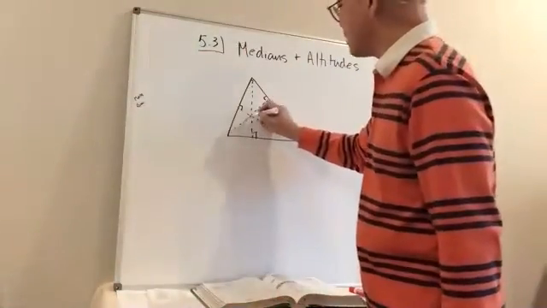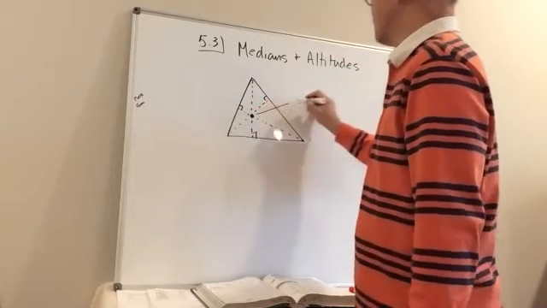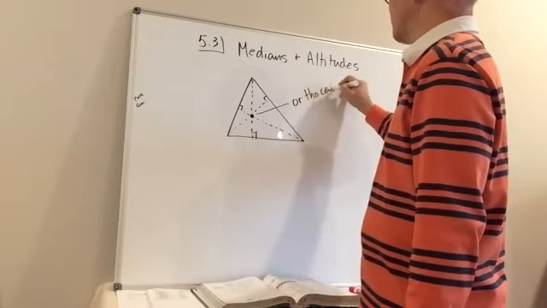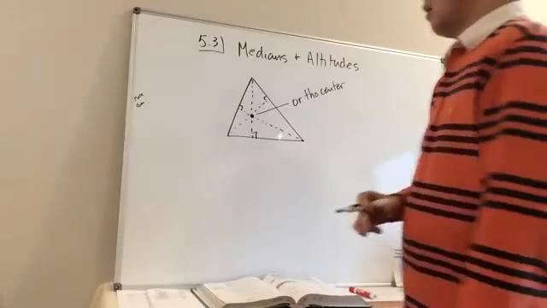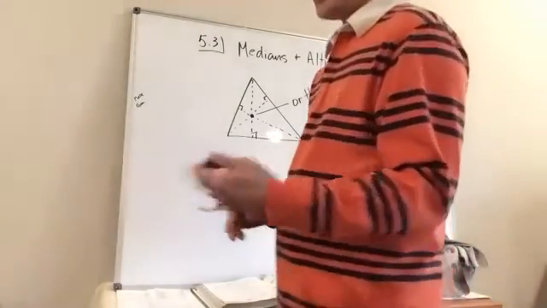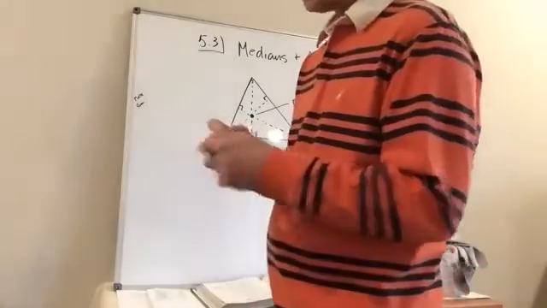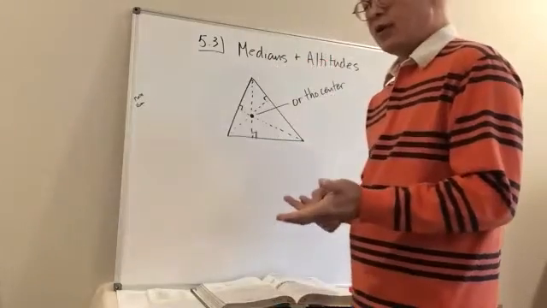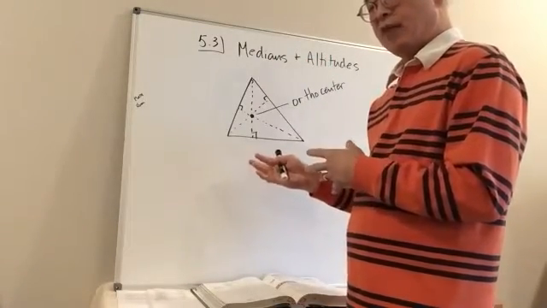Okay, these 3 lines are going to meet at one point. This is called the orthocenter. Okay. The orthocenter is kind of similar to the circumcenter. If you remember, the circumcenter on an obtuse triangle was actually located outside of the triangle.